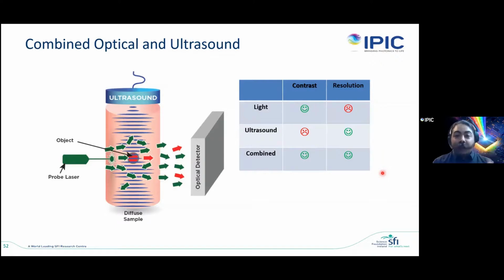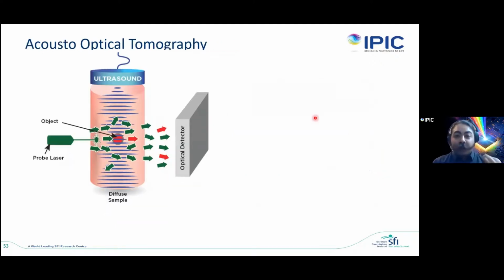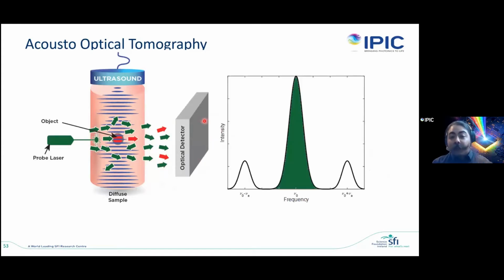One way of doing that is using acoustical tomography. In this case, we have a laser shining light in the focus of an ultrasound that is passing through the tissue. The detector will detect primarily the laser light, but also a frequency shifted light, which can be tagged.